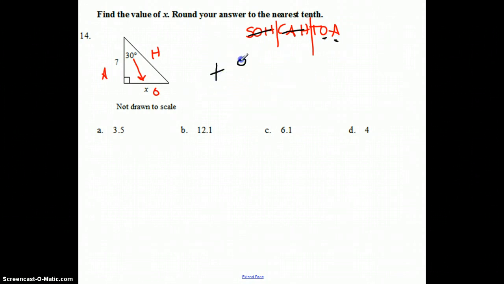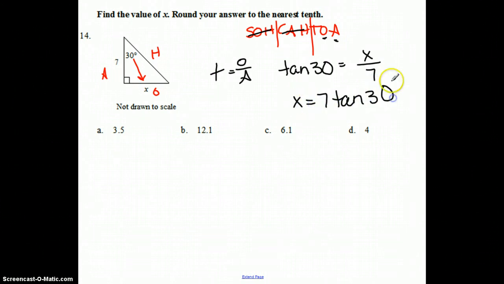So tangent is opposite over adjacent. So the tangent of 30 equals x over 7. So x equals 7 times the tangent of 30. So if I were to put this in my calculator, remember to the nearest tenth, so I'm physically putting it in there. That means I end up with 4.0, which means your answer is D.